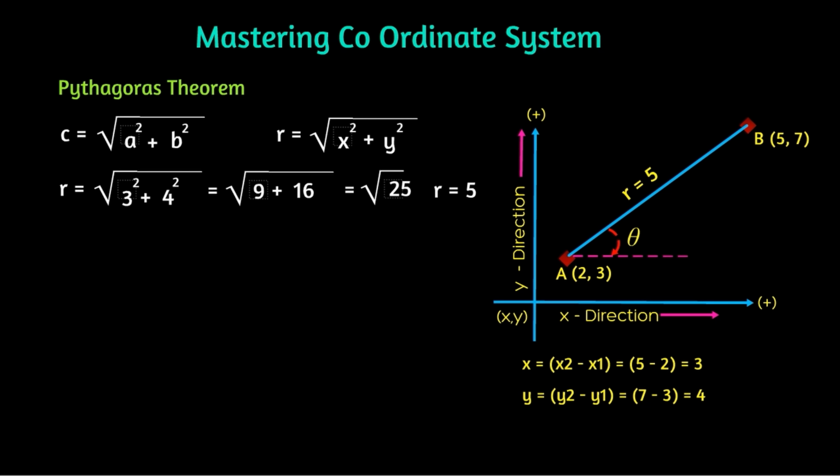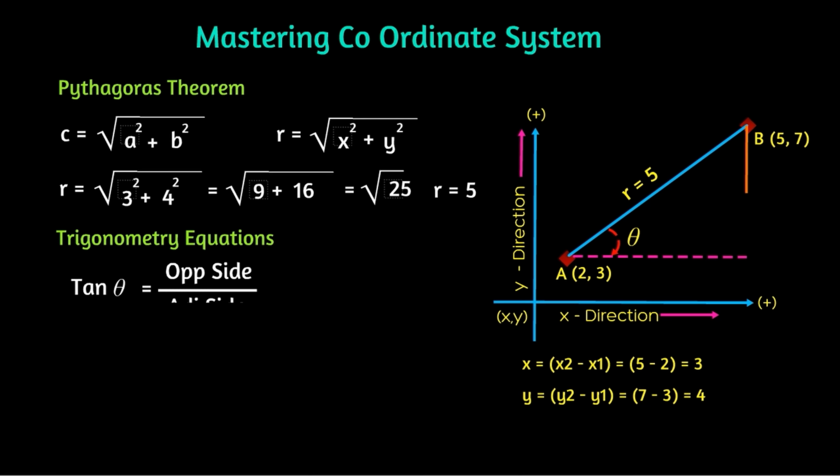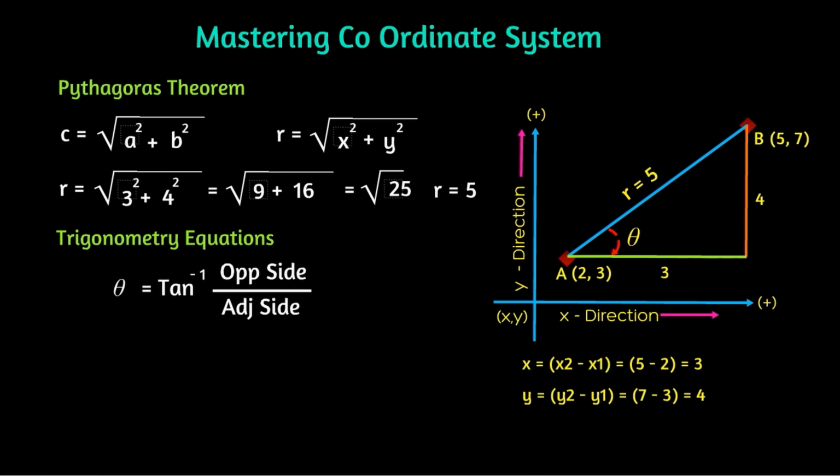Now let us find the angle between these two coordinates by using trigonometry equations. Tan theta equals opposite side by adjacent side. So theta equals tan inverse of opposite side by adjacent side. In our case, the opposite side is the y value, that is 4, and the adjacent side is the x value, that is 3.